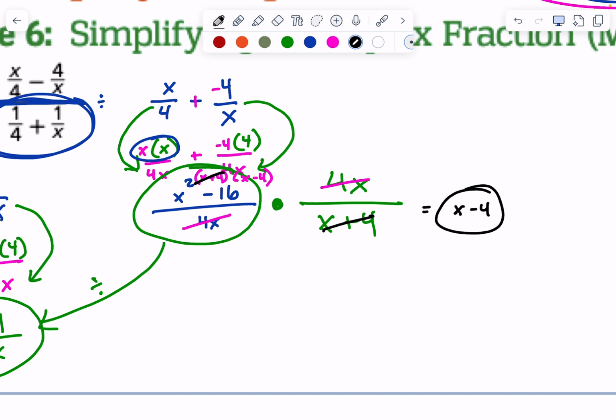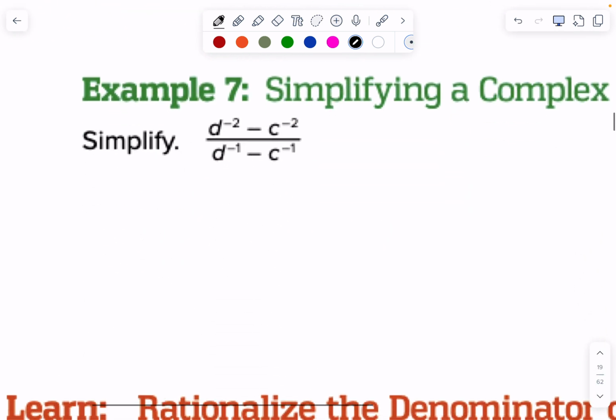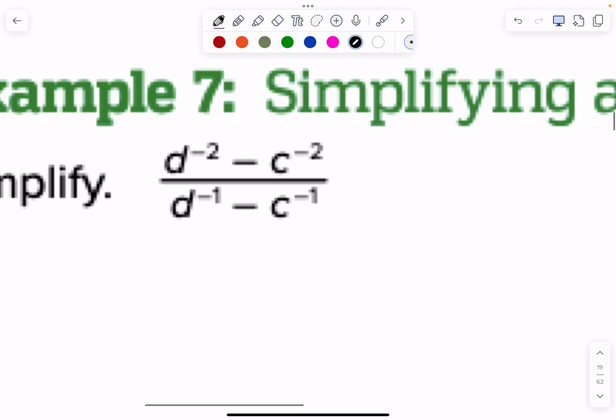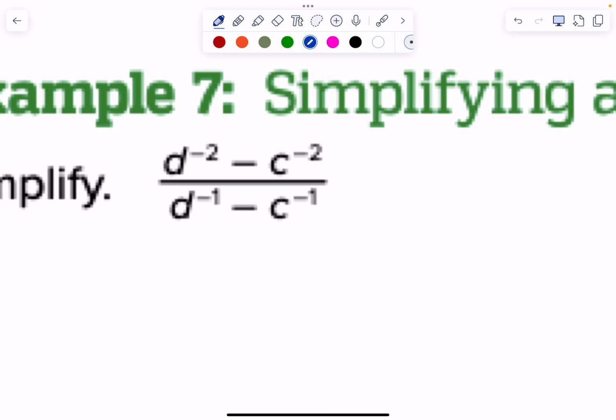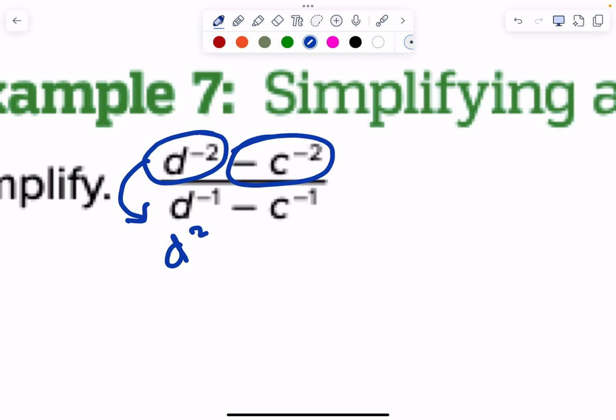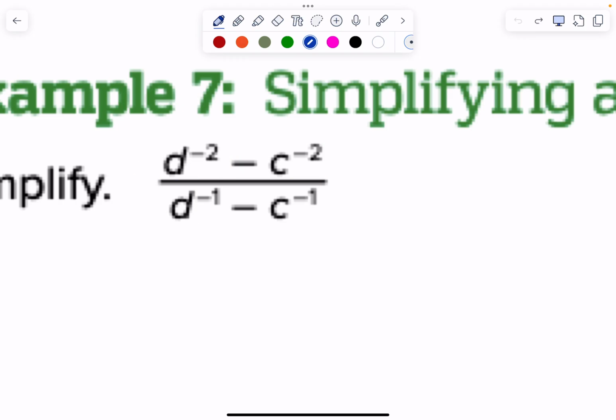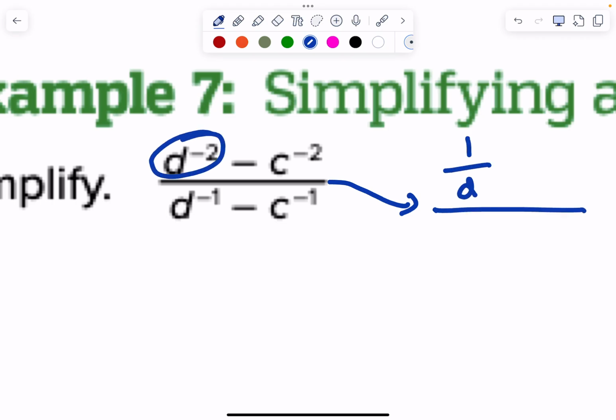All right, we're not going to do example 7, but I'm going to talk about him real quick. These are negative exponents. The problem here is I can't take this d to the negative 2 and put him down to the bottom to make him d squared, because he's trapped with the minus c to the negative 2. So here is my big division symbol. d to the negative 2 is 1 over d squared minus 1 over c squared.